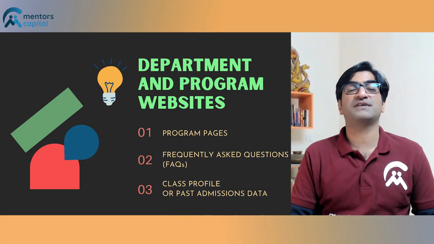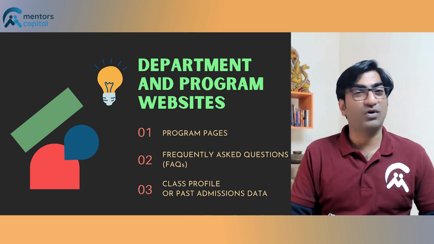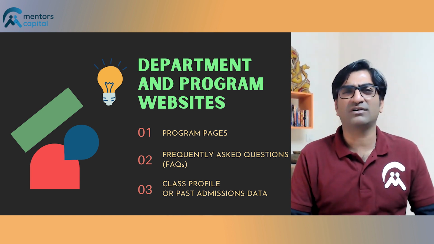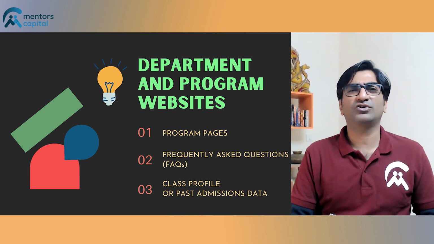Make sure that you're meeting everything given on the department website, on the program pages, maybe check out the frequently asked questions section on the department page, or the university's website, or the admission pages, and that's where you'll find these details spelled out in very, very fine print, right?